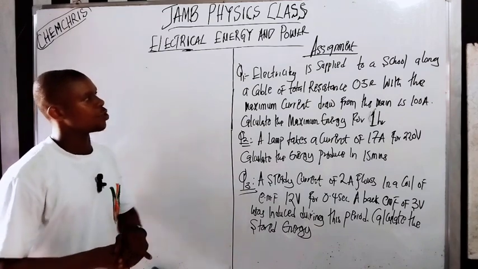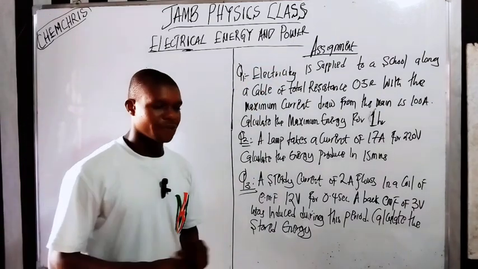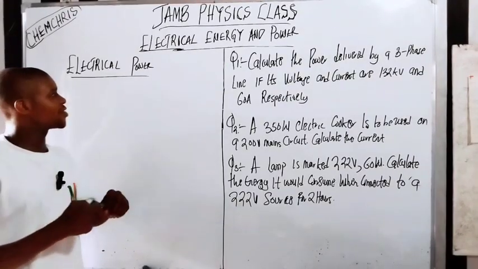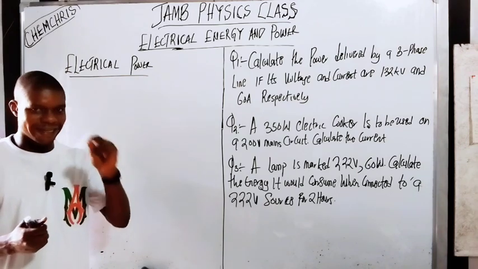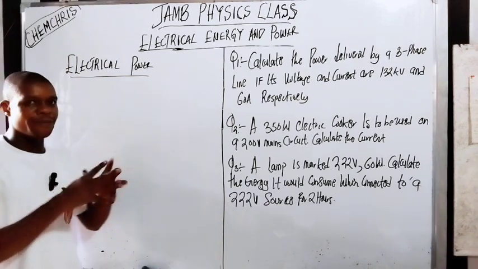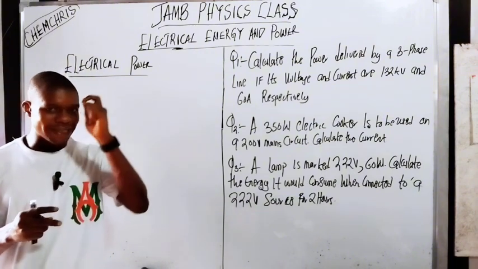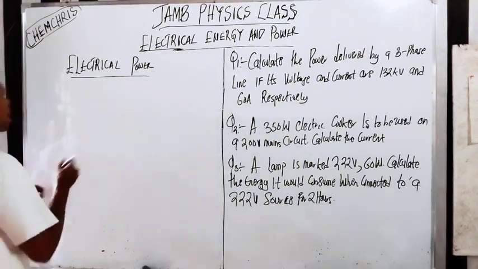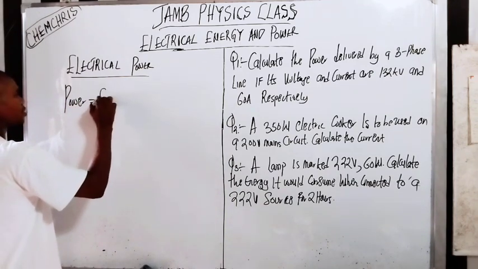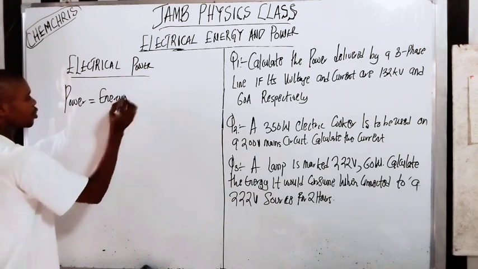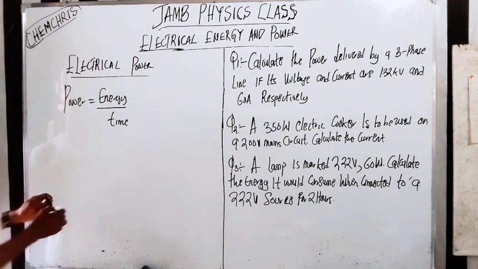So the next one to look at is power. Let's look at power before we end this class. Let's look at electrical power. What is power? Power is defined as the rate at which energy is consumed or transmitted per unit time in the circuit. So power is equal to energy consumed or transmitted per unit time, and the unit is the watt.